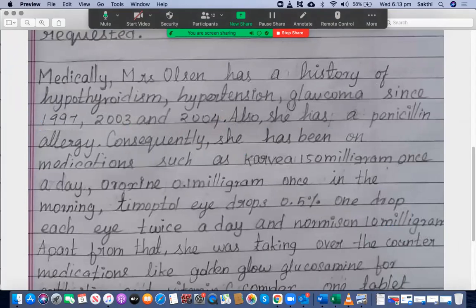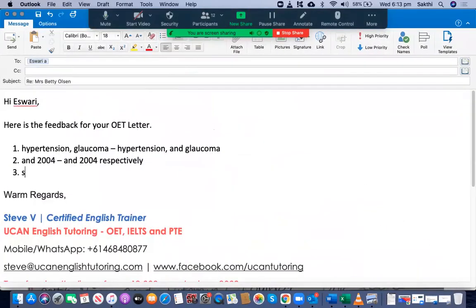Also, she has a penicillin allergy. No. That is wrong. "Also, she has a penicillin allergy" is wrong. You should say she has an allergic reaction to penicillin, or she is allergic to penicillin.